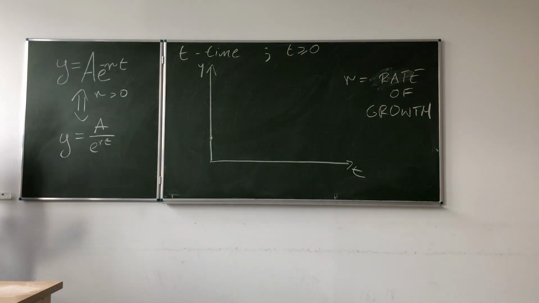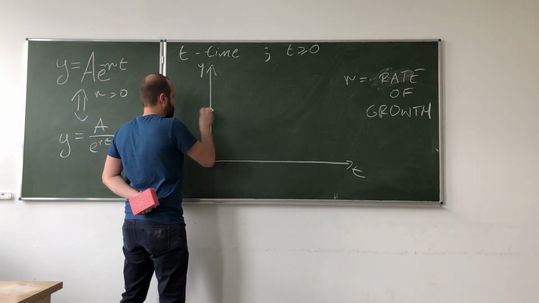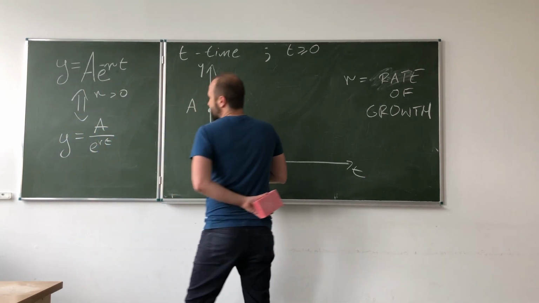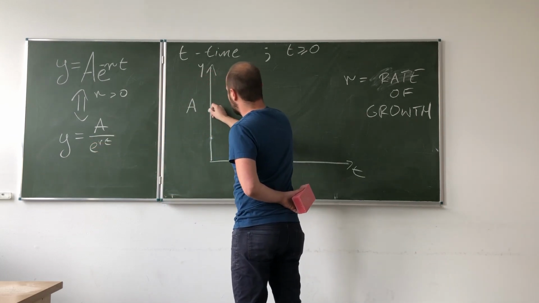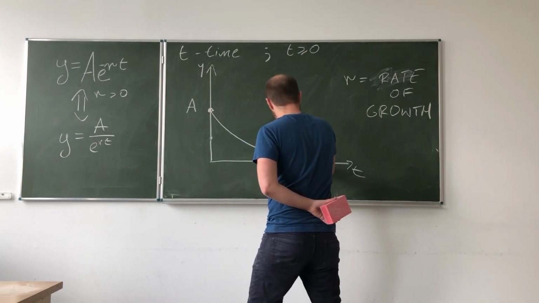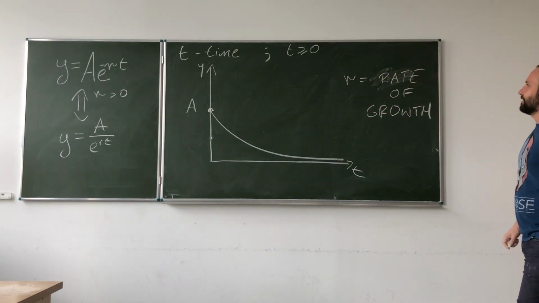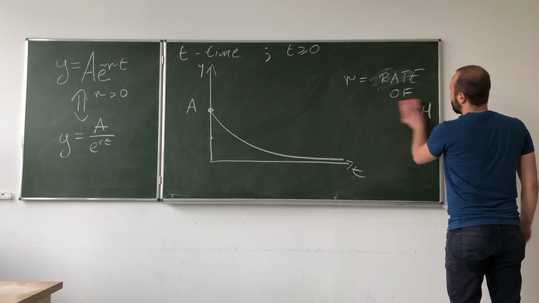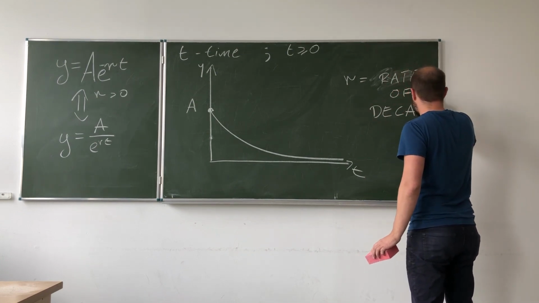So look what is happening. Here we are dividing our initial amount of money, a, by some bigger and bigger number because this expression grows. And as a result, we have a function that looks like this. In this case, we call it rate of decay.